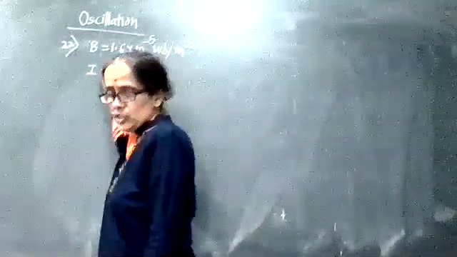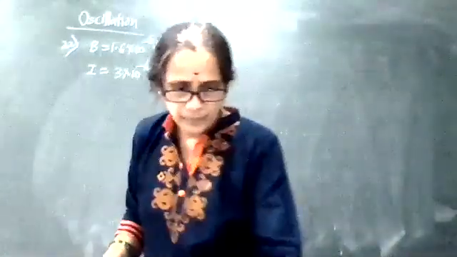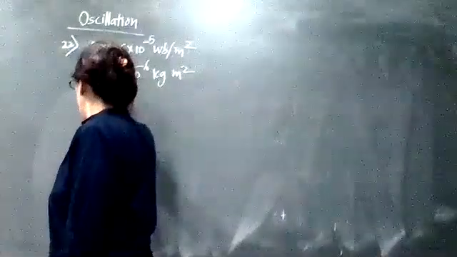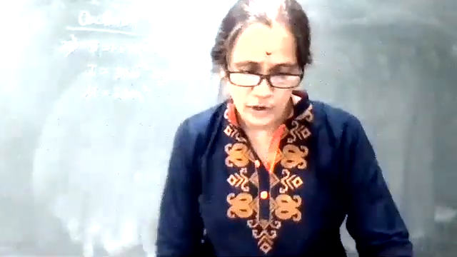The magnet has a moment of inertia I, which is equal to 3 into 10 raised to minus 6 kg meter squared. Magnetic moment is mu, which is equal to 3 ampere meters. And what you want to find out? You want to find out the number of oscillations performed per minute.